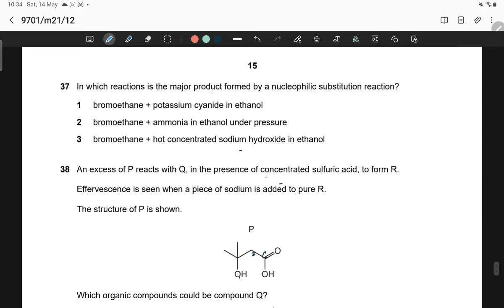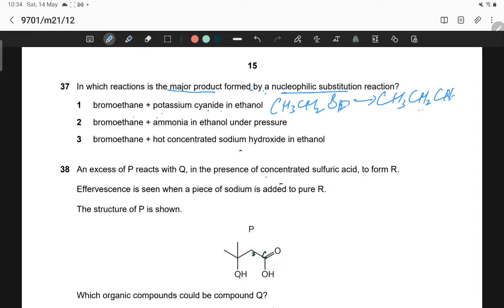In which reaction is the major product formed by a nucleophilic substitution reaction? Bromoethane plus potassium cyanide in ethanol. Bromoethane CH3CH2Br plus potassium cyanide in ethanol gives CH3CH2CN.